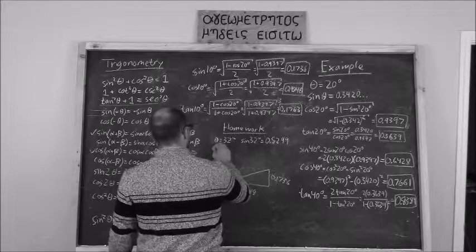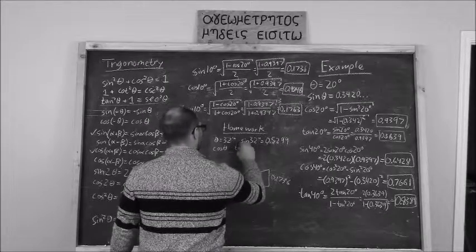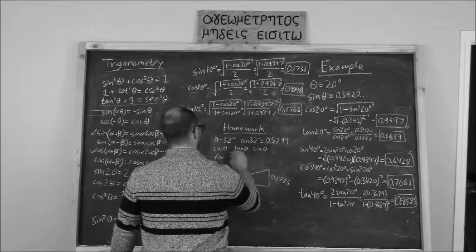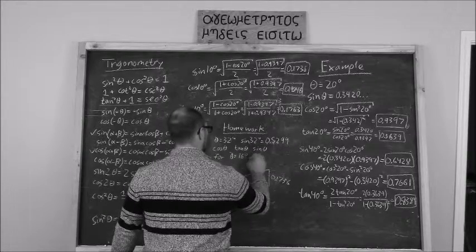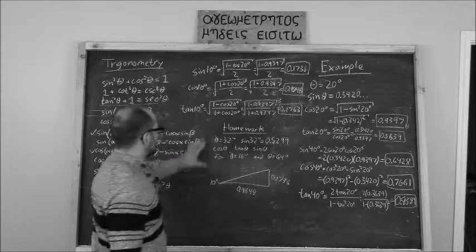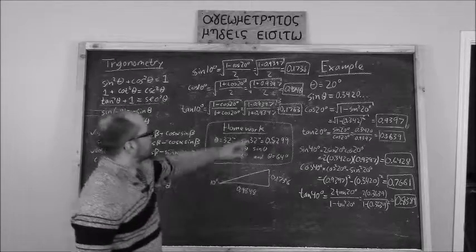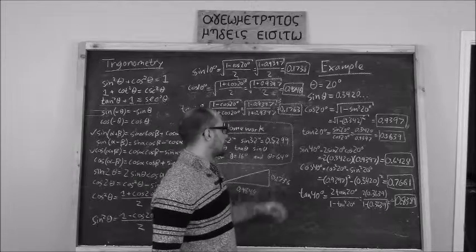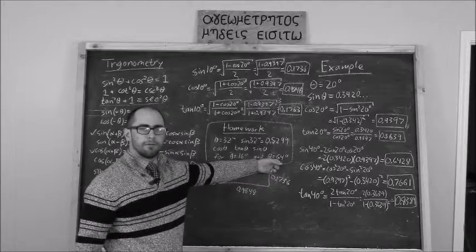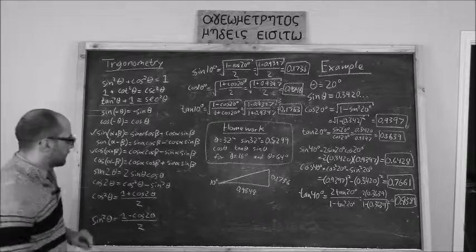I want you to find cosine theta, tangent theta, and of course sine theta for theta equals 16 degrees and theta equals 64 degrees. So your homework is going to look very similar to the example we just did. You'll be finding sine, cosine, tangent for 3 different angles, 16, 32, and 64, using the identities. So go ahead, follow through with that.